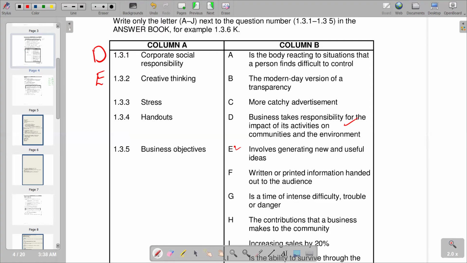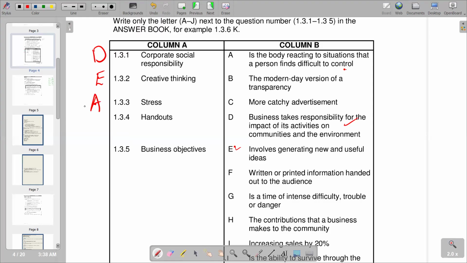So anything that is a mental tension or a worry caused by a difficult situation becomes stress. So according to the responses that we are given, we need to see which explanation is stress. If we go to explanation A, which says it is the body reacting to situations that a person finds difficult to control, basically A is the correct response that we have.